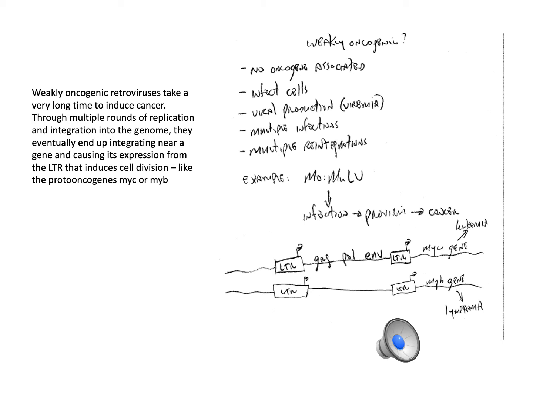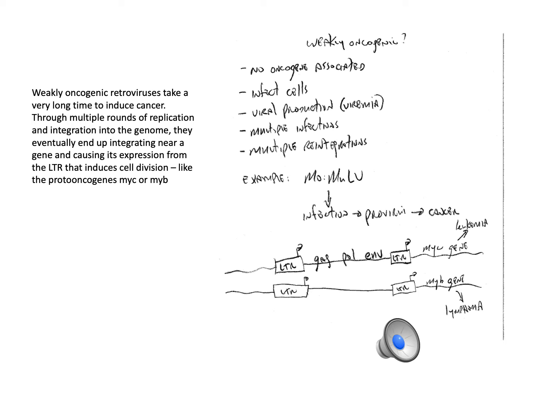And again, the MYB gene is a gene that was originally described on a highly oncogenic retrovirus. In this case, when it integrates next to the MYB gene, it doesn't cause leukemia, it causes lymphoma. So the activation of MYC causes leukemia, the activation of MYB causes lymphoma.